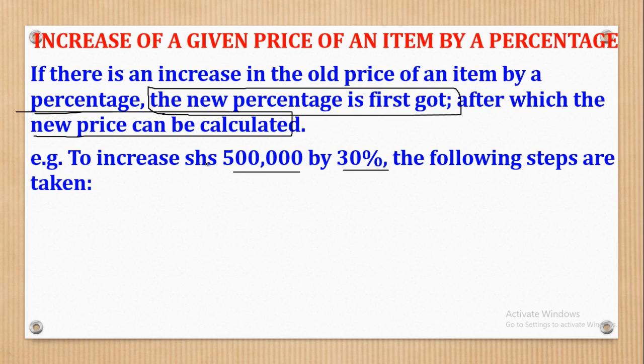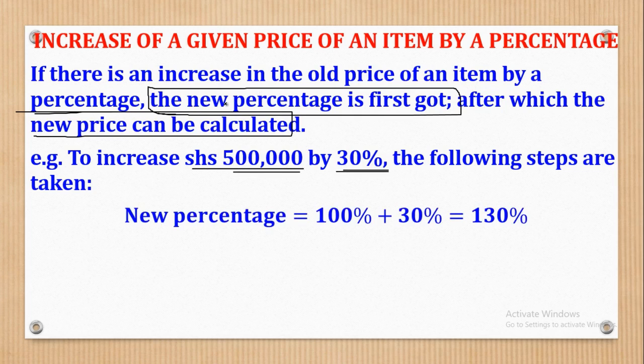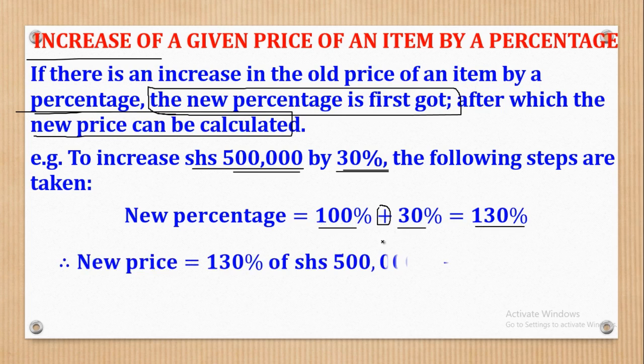This is the old price and this is the percentage increase, and they want you to get the new price. The first thing to do is to get the new percentage. Because there was an increase, we shall add. If there was a decrease, we would have subtracted, but now we are dealing with increase in our topic, so we add. When I add 100 plus 30, I come up with 130%. What does that mean? It means that the new price is 130% of the 500,000 shillings.